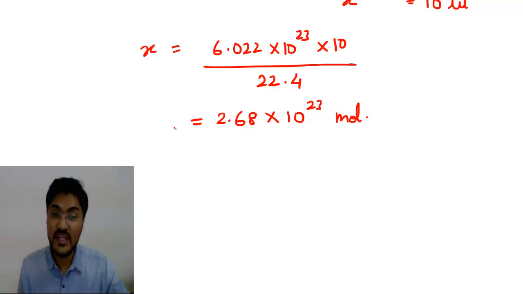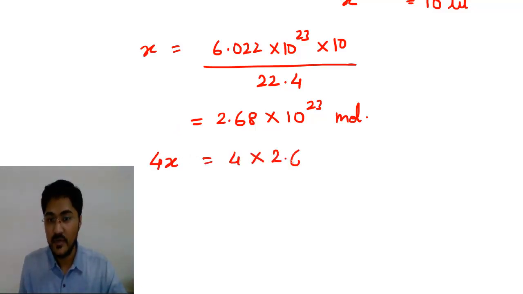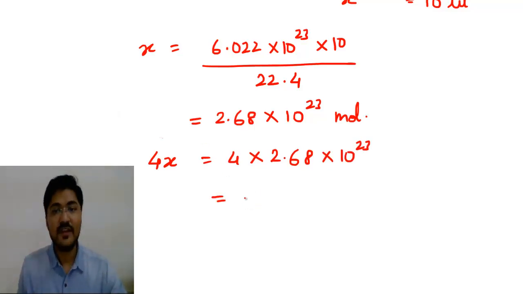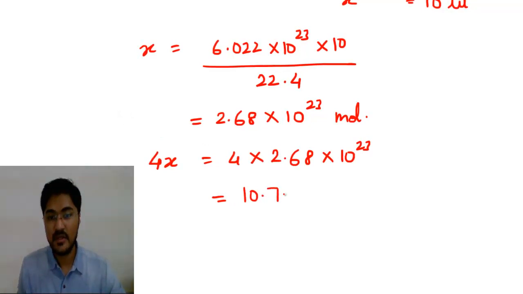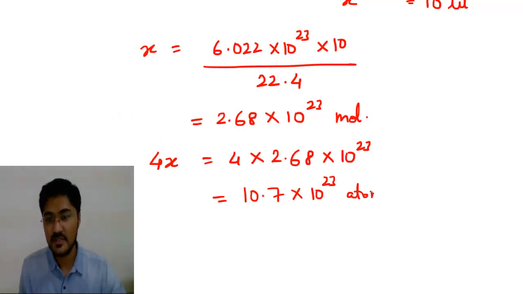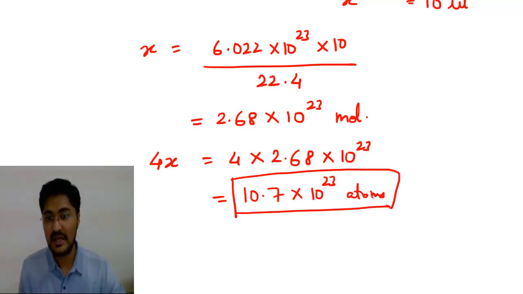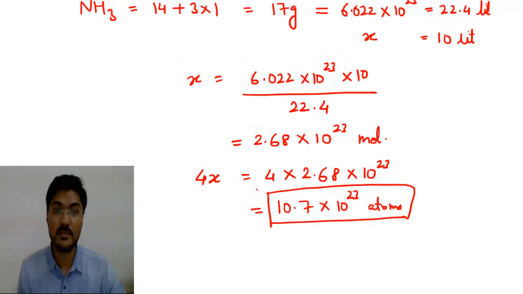So each molecule will contain 4 atoms. So we'll multiply this by 4. So 4x equals to 4 into 2.68 into 10 raised to 23. So you will get the final answer as 10.7 into 10 raised to 23 atoms approximately, and this will be your final answer. I hope guys that you are getting the logic behind it.